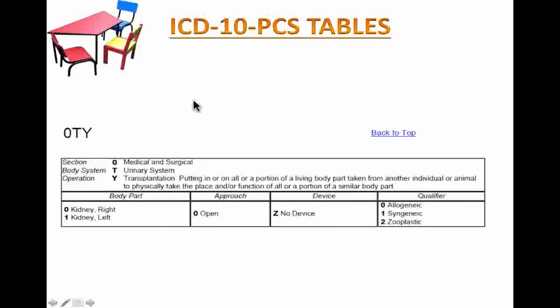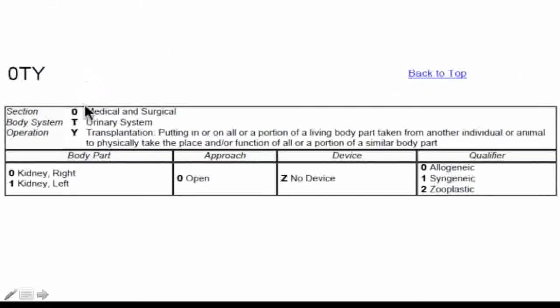Below is an excerpt of the ICD-10-PCS table. This patient had a kidney transplant. The first character determines the section. Remember, the hospital department. This patient is going to have a surgery, so the digit 0 is for medical and surgical, which will be 90% of the cases that we'll be working on.